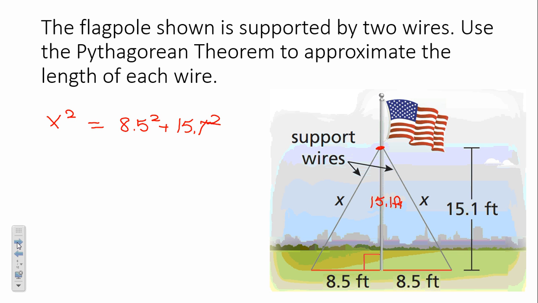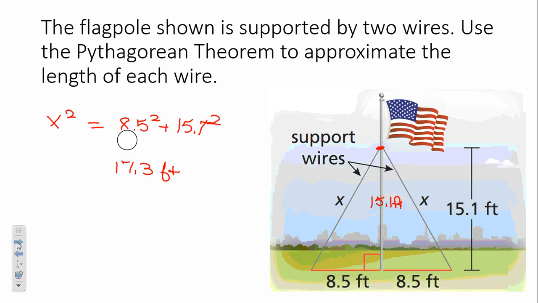Peyton H, what is 8.5 squared? 72.25 is our, when we square them and add them up, so we have to take the square root of it. Okay, good.